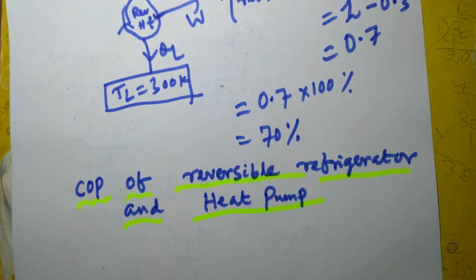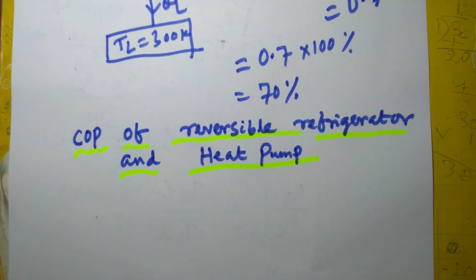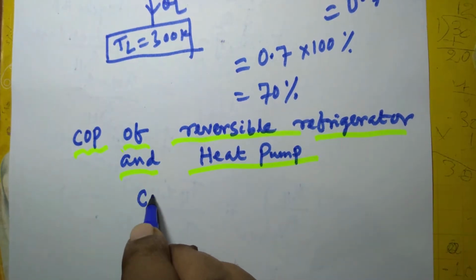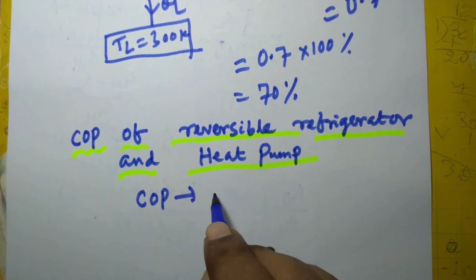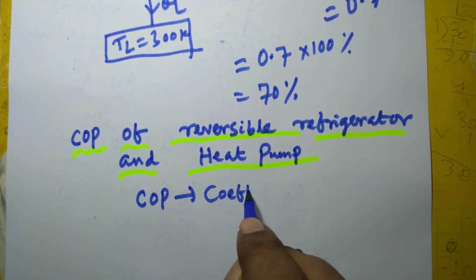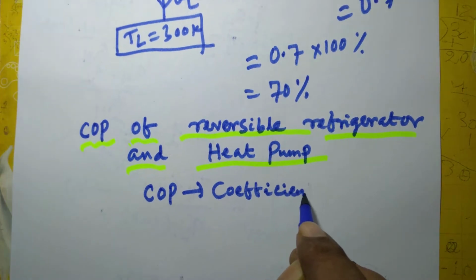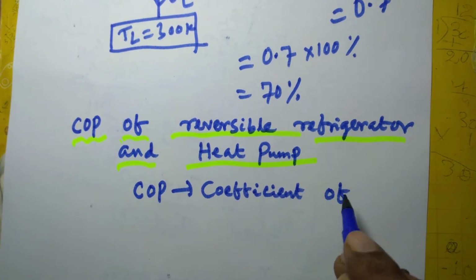For a refrigerator and heat pump, we don't calculate efficiency because COP is always greater than 1 in case of a refrigerator or heat pump, and efficiency is a term which is never equal to or greater than 1. It's not possible. So that's why we use coefficient of performance, COP.